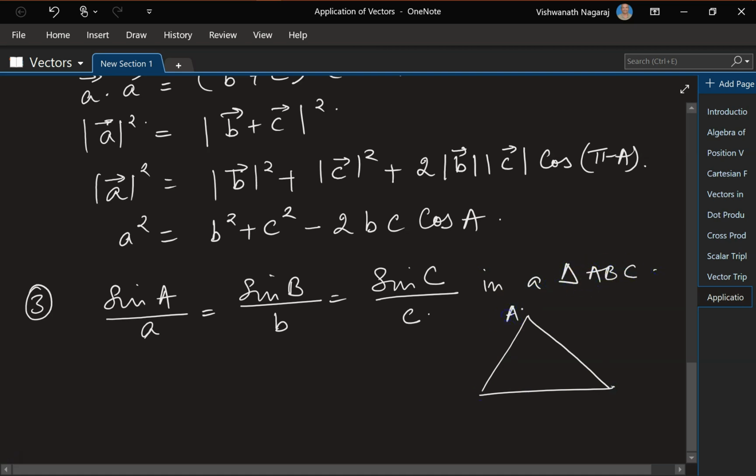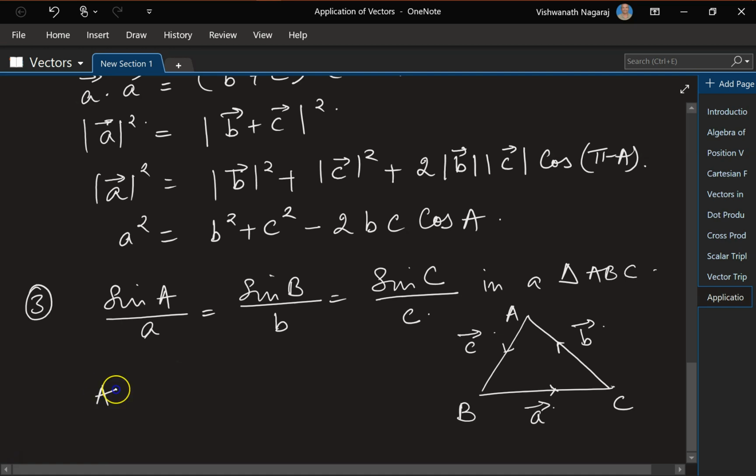So A, B, C, and this is vector A, vector B, and vector C, in this direction, in this direction, in this direction. Now, if we start walking on vector A, then vector B, and then vector C, we end up back at the start.